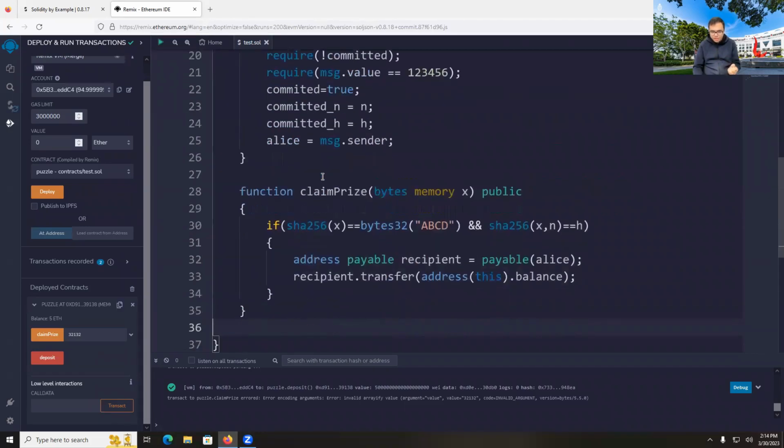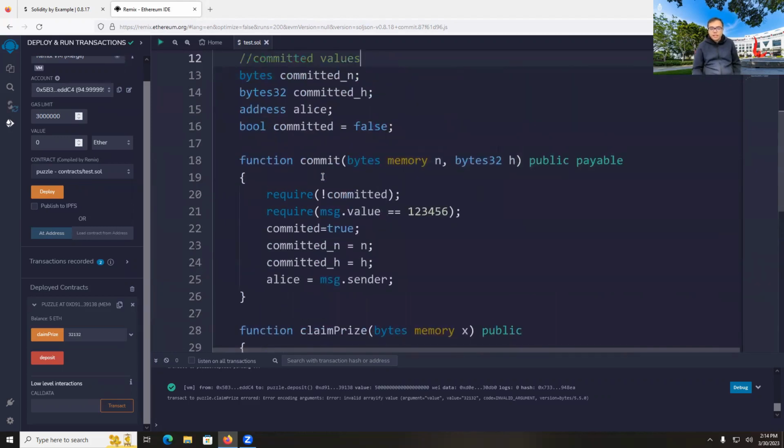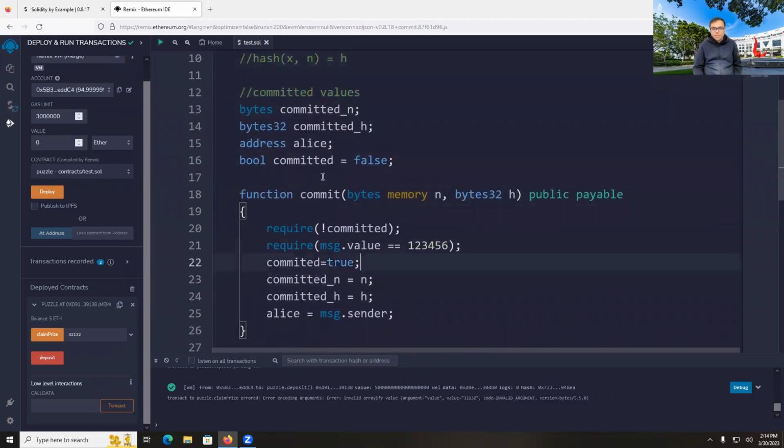Oh, I forgot that these were supposed to be committed N and committed H, sorry. Okay, so when the commitment happens, we just save the nonce and we save the hash. And the only reason we're doing this is to avoid the front running attack later on.